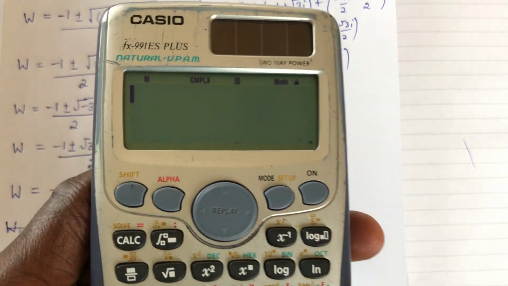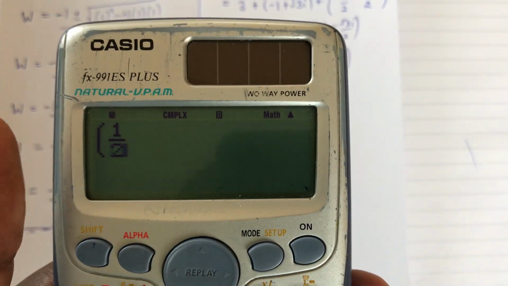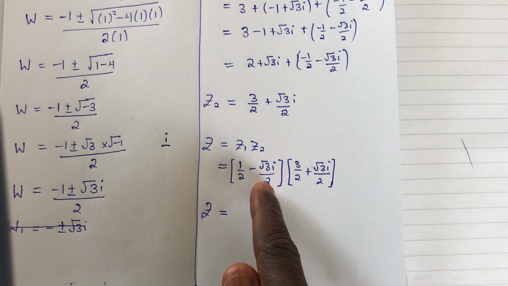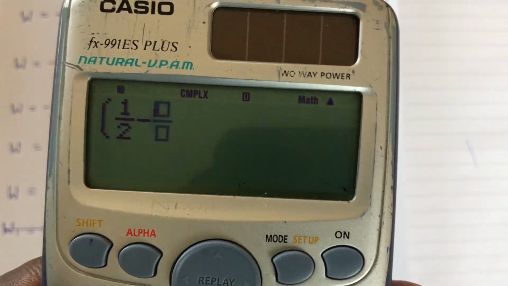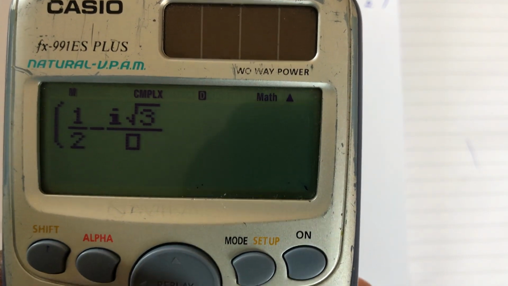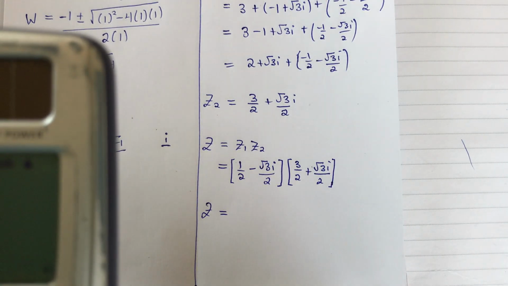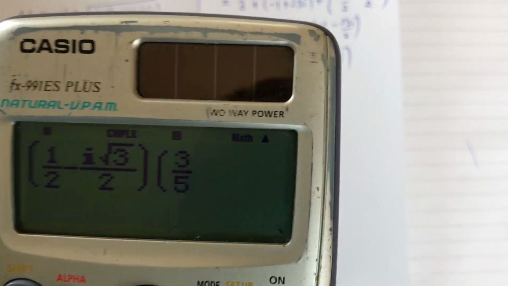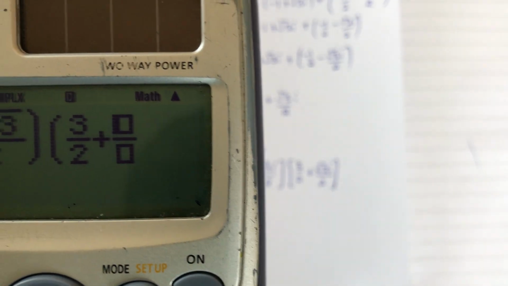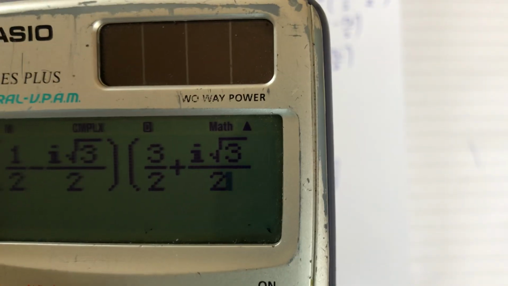We have one bracket: 1 over 2 minus i root 3 over 2, bracket close, multiplied by 3 over 2 plus i root 3 all over 2.